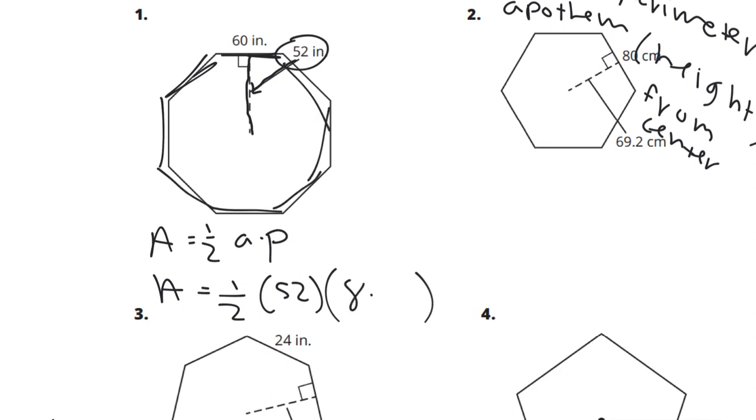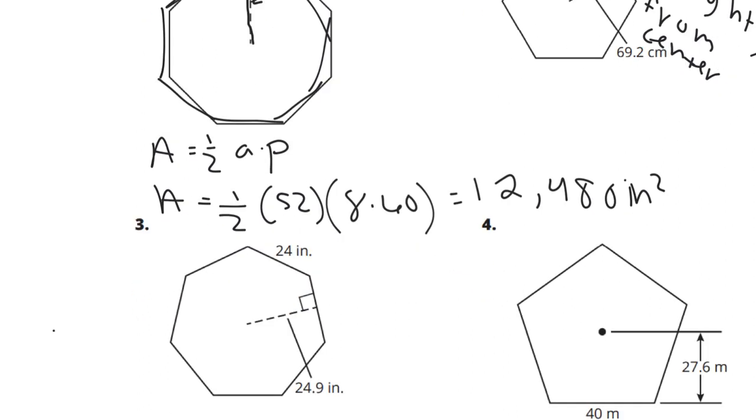So 8 sides times the length of one side, which is 60. And then whenever I type 8 times 60 times 52 times 1/2, that's going to give me 12,480 inches squared. Remember that we always do inches squared or units squared anytime that you're multiplying two things. And here, we're multiplying the apothem as well as the perimeter.